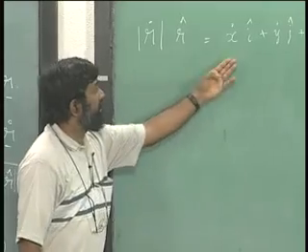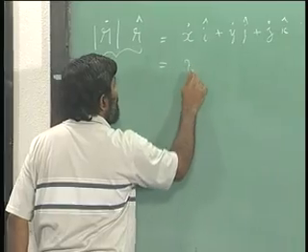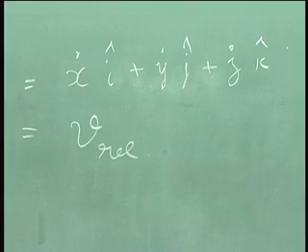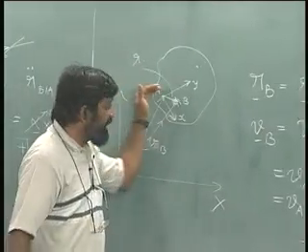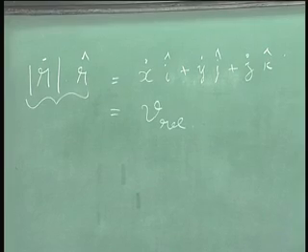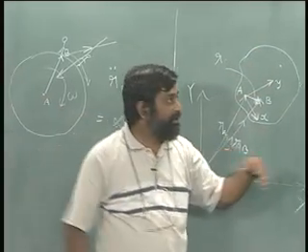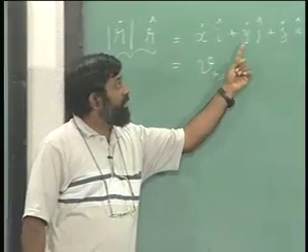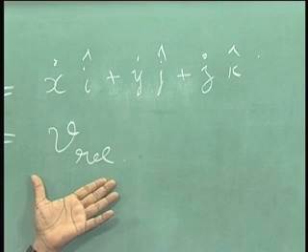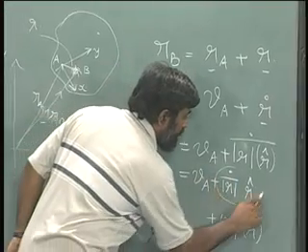So, I will call this V relative. Why? Because if I am standing on the rigid body with this fixed frame of reference and I am seeing the insect moving, that will be the derivative of x, y and z, and therefore I am going to call that V relative.